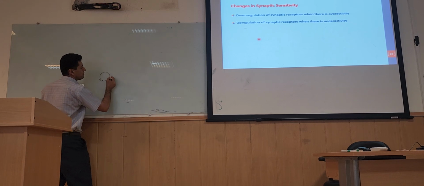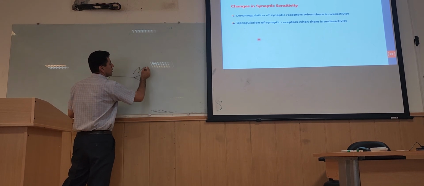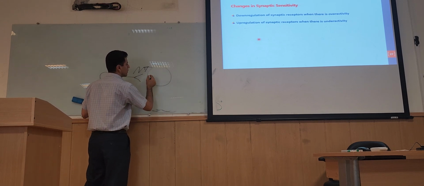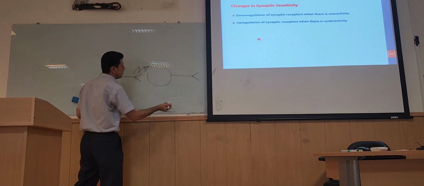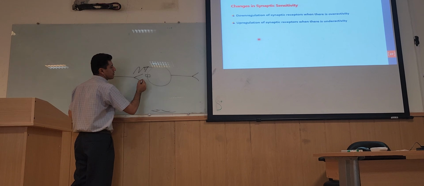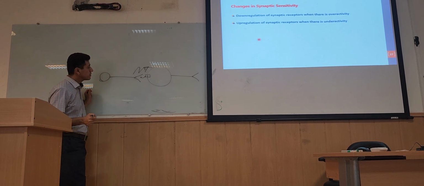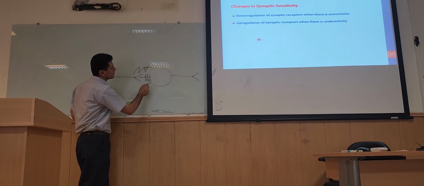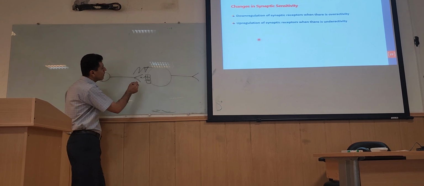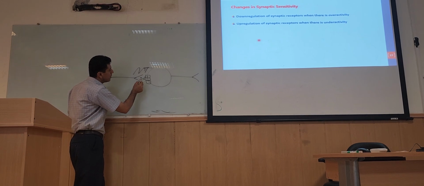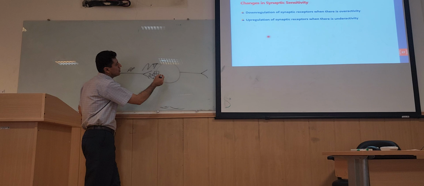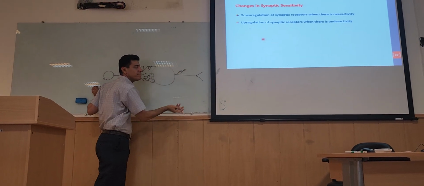So a presynaptic cell releases neurotransmitter onto the postsynaptic cell. We have some receptors for the neurotransmitter. So imagine that we have 3 postsynaptic receptors. The neurotransmitter can only bind to 3 receptors, so one action potential generates one action potential here.